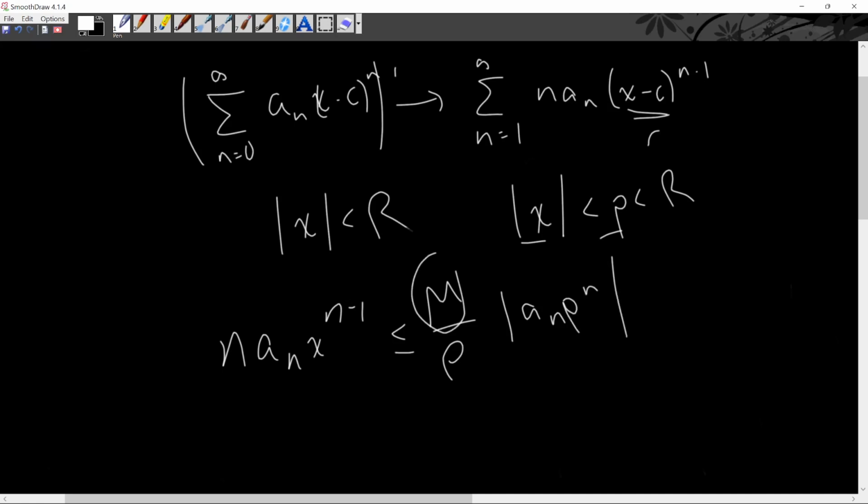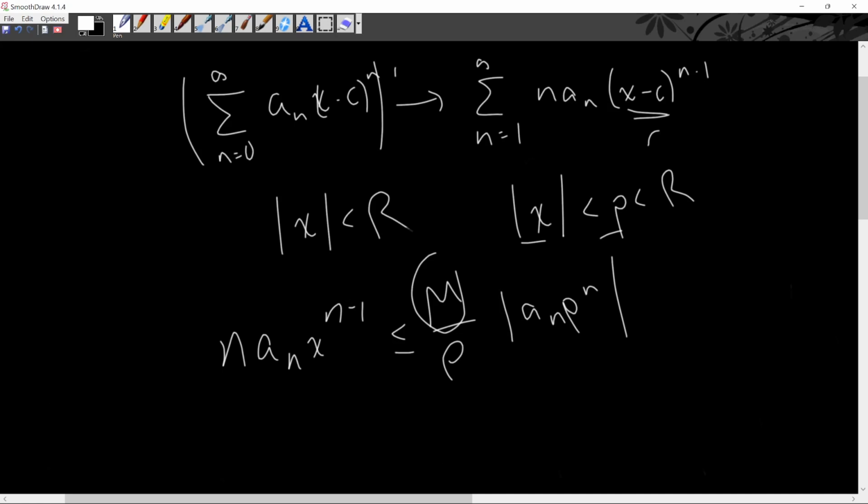So m, like we used for the other proof, is saying that since n times r to the n minus 1 is converging, it has a bound. It has an upper bound and a lower bound, and so it is bounded by m.